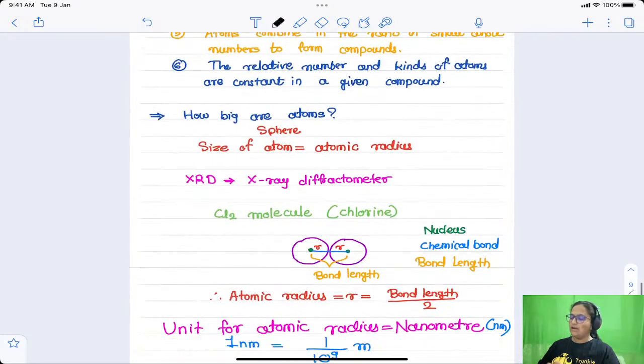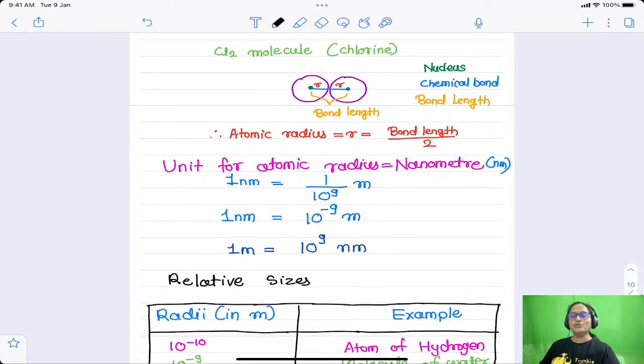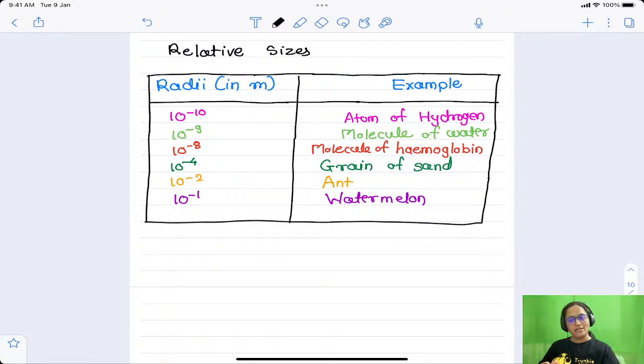Then we discussed the size of the atom, how big atoms are. I told you how the size of an atom is calculated, and the units used for measuring it, that is atomic radius, nanometer. Then we also saw the relative sizes. Hydrogen is the smallest element, with only one electron in it, so its size is the smallest of all, in the range of 10 power minus 10 meters.